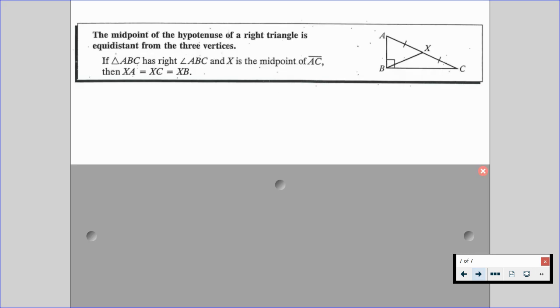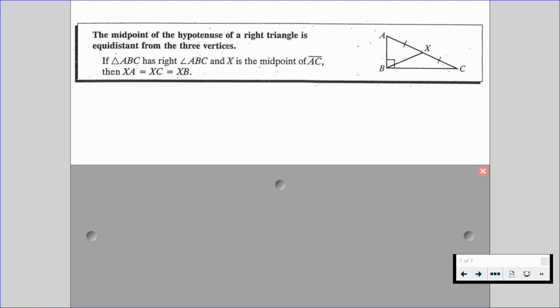And lastly, the midpoint of the hypotenuse of a right triangle is equidistant from the 3 vertices. So if triangle ABC has a right angle at B and X is the midpoint of side AC, then we know that the length of XA is equal to the length of XC and is equal to the length of XB.